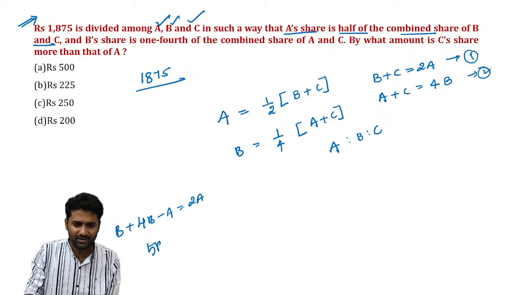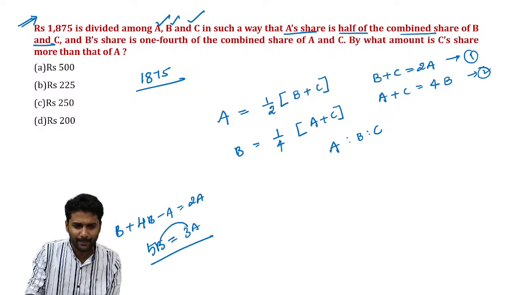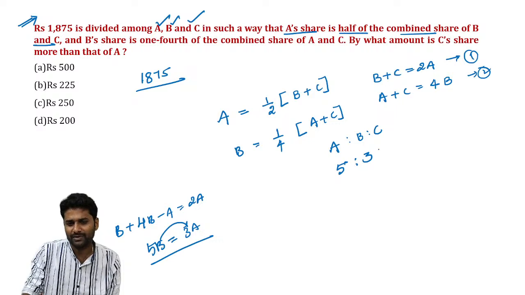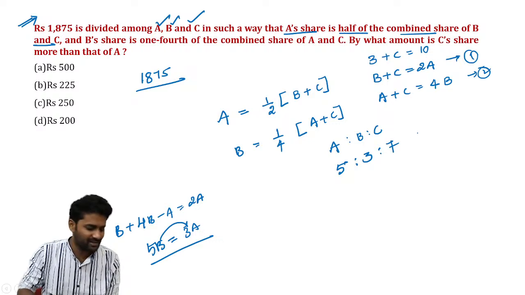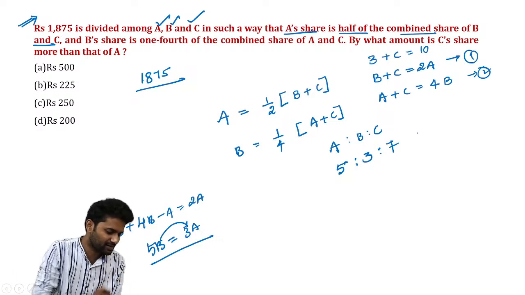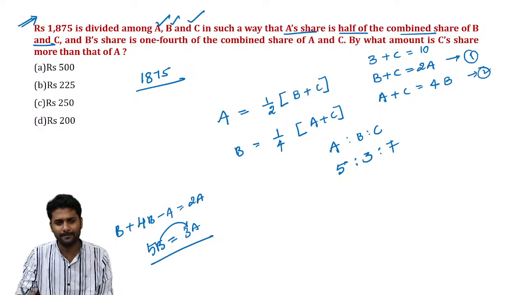Now this gives 5B is equal to 3A. So B is equal to 3 units, then A is equal to 5 units. If you know the A and B values, let's take this condition again. B value is 3 units. C, we need to identify: 2 into 5 is equal to 10, so definitely C's value is 7 units. Now you got the ratio of A, B, C.